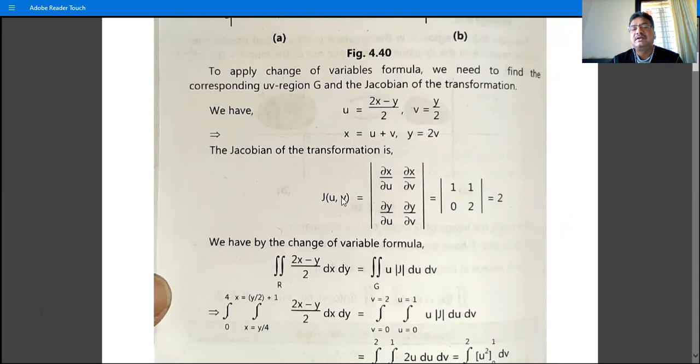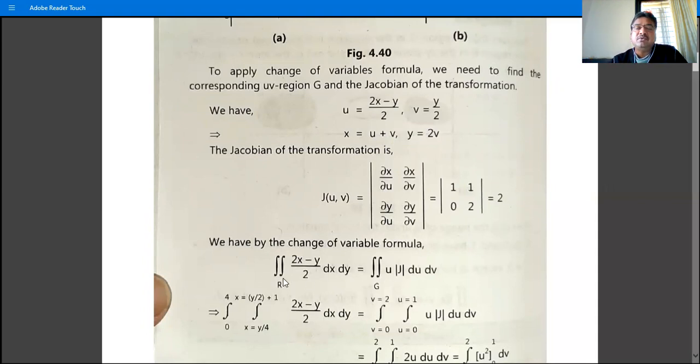So ∂(x, y)/∂(u, v) is this, and then its derivatives: ∂x/∂u is 1, ∂x/∂v is 1, ∂y/∂u is 0, and ∂y/∂v is 2, and therefore we have the Jacobian is 2.